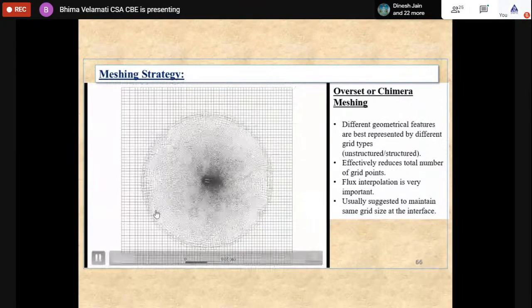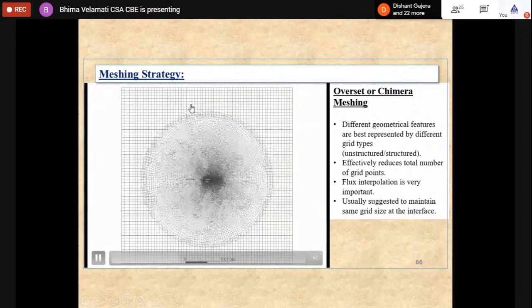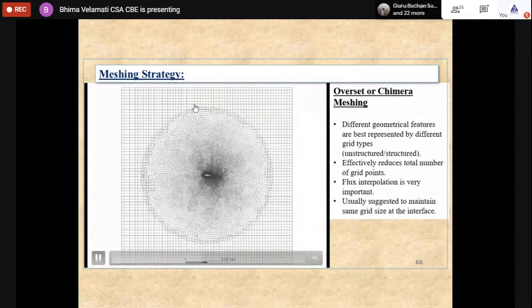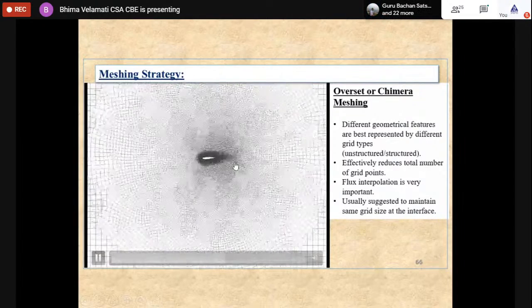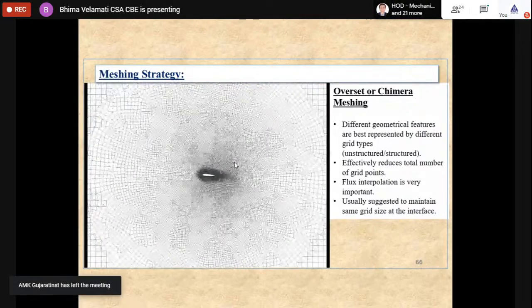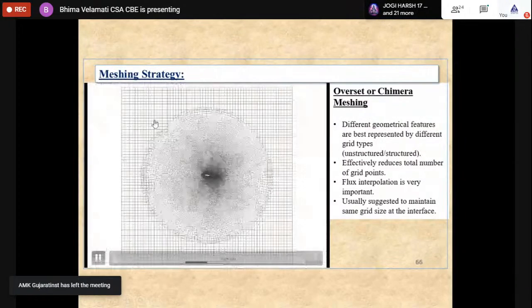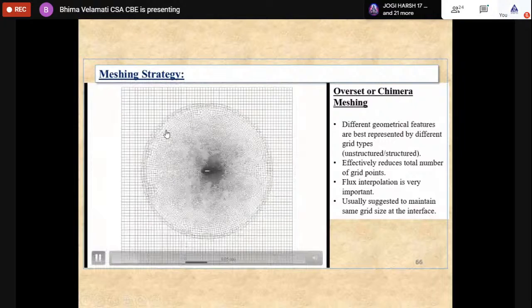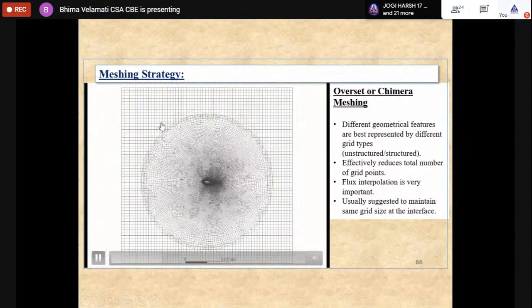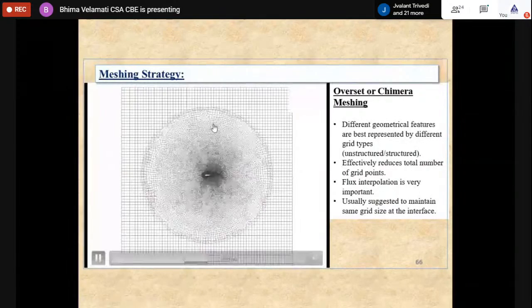And the interface of these two, foreground and background mesh, will be taken care of wherever the mesh moves. The only thing that we need to maintain is that wherever there is an overlap region between the background and the foreground mesh, the mesh size should be similar. That is the rule.